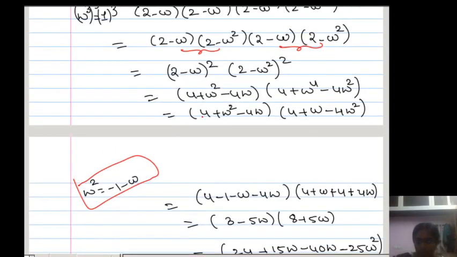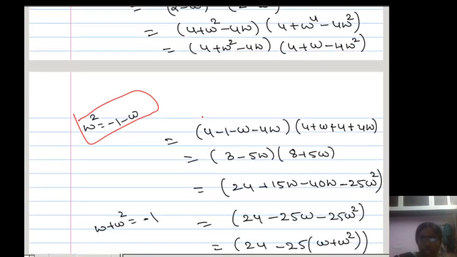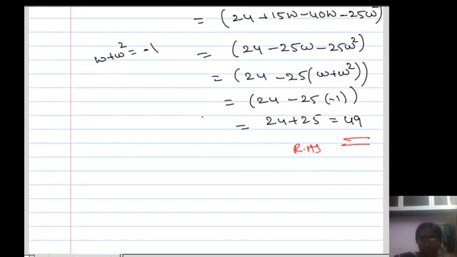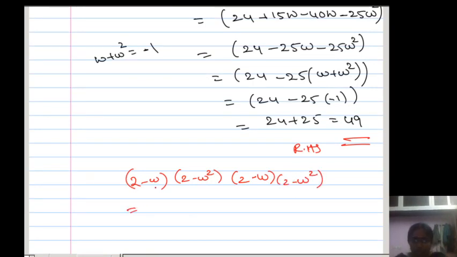Let us see. So 2 minus omega into 2 minus omega power 2, 2 minus omega into 2 minus omega power 2, again 2 minus omega into 2 minus omega power 2. If you do the simplification, 2 twos are 4, minus 2 omega square minus 2 omega, minus into minus plus omega cube.